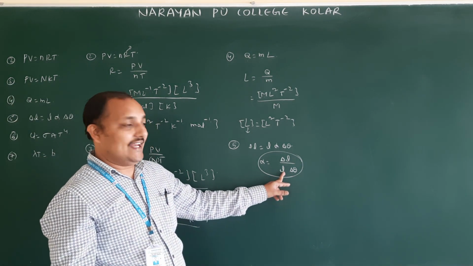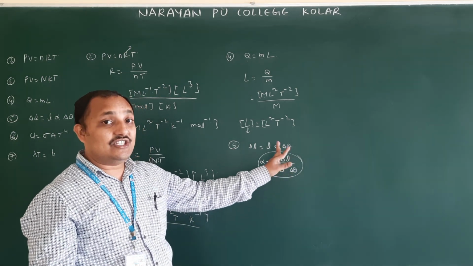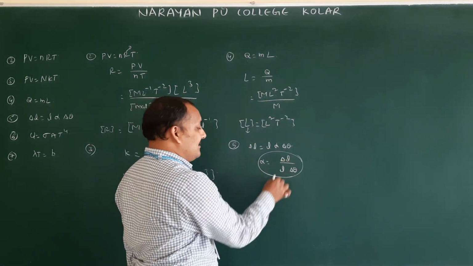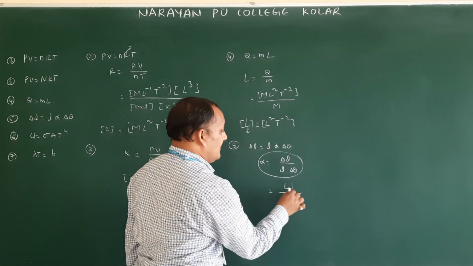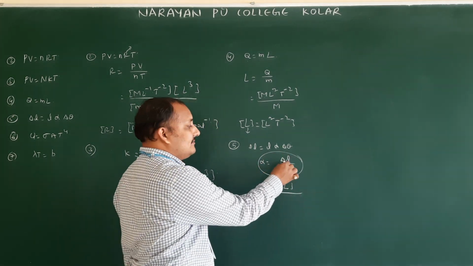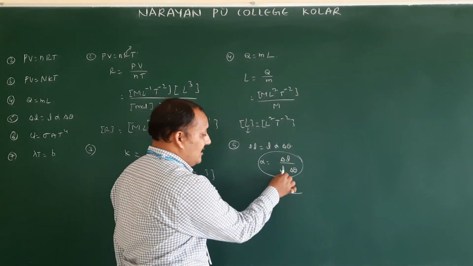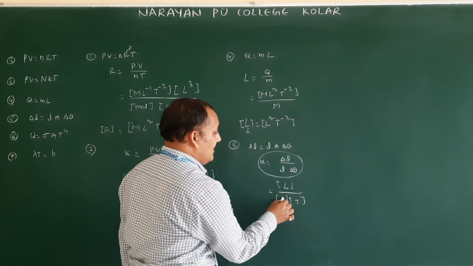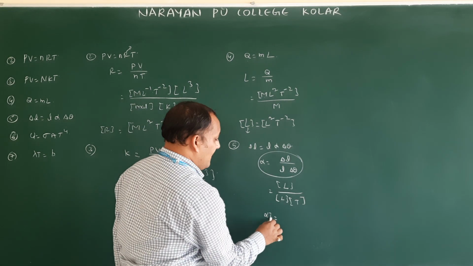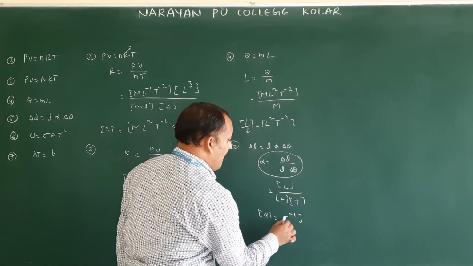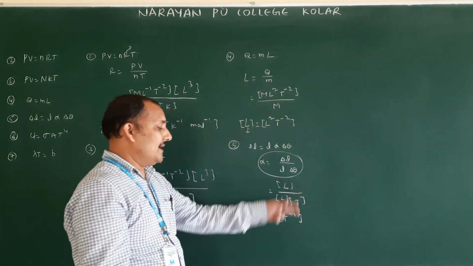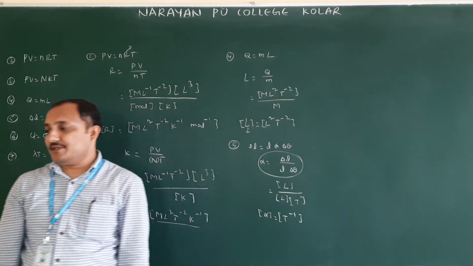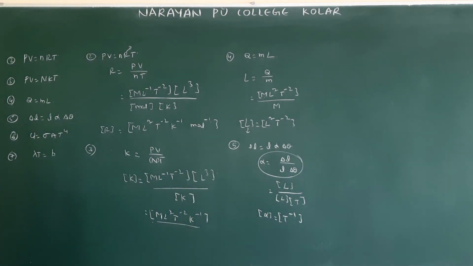L is length, delta L is change in length. Change in length means L, length, dimensional formula L. Here also L. Delta theta is temperature. Therefore, the L will be cancelled. Then alpha is equal to T power minus 1? Actually K power minus 1. So that is the dimensional formula for alpha.